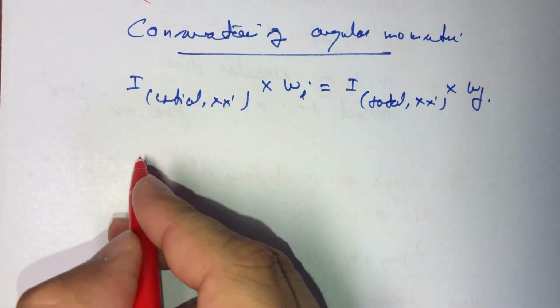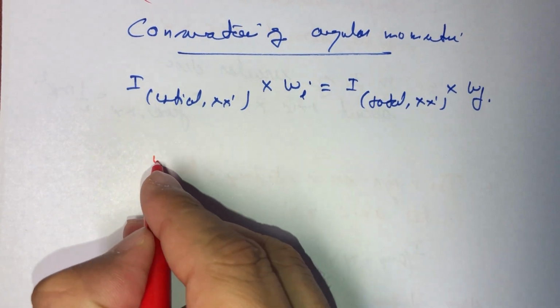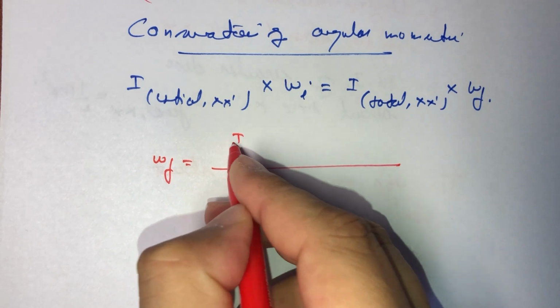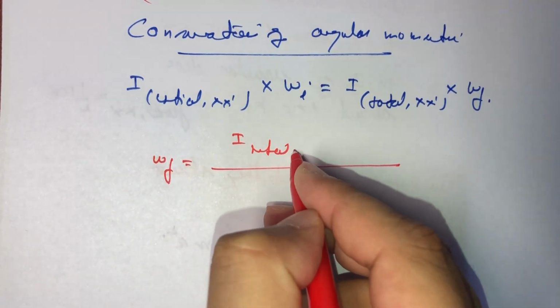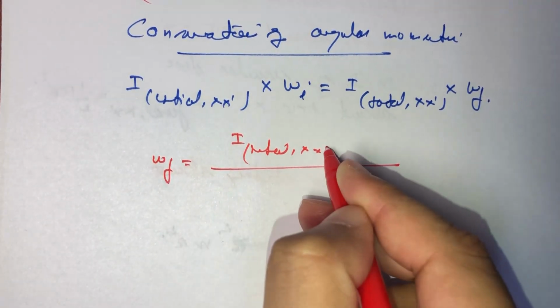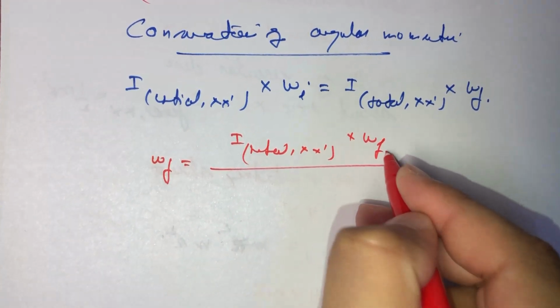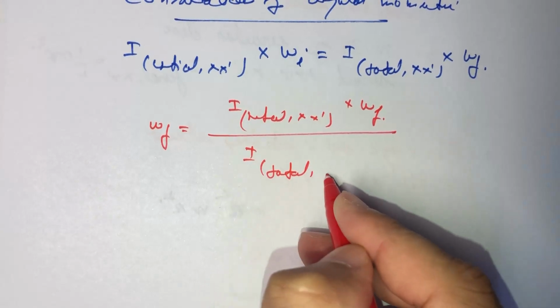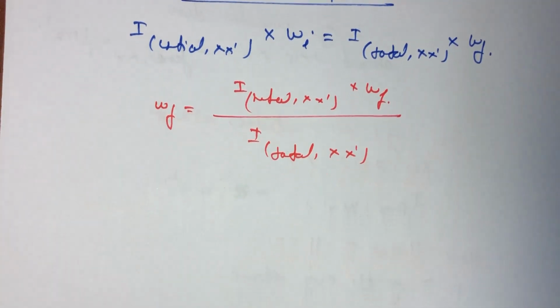So from here our omega f will be equal to I initial about axis x prime multiplied by omega I divided by the total moment of inertia about axis x prime.